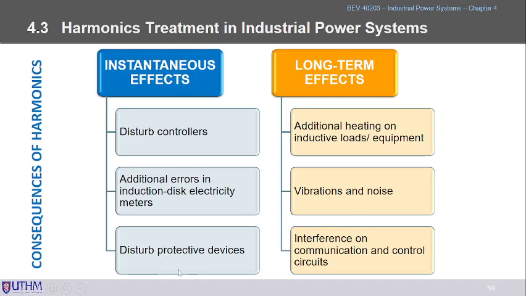So if we tune our overload protective devices at 15% extra, now we have 20% extra, so our protective devices will act very fast. It will respond very fast, saying that there is an over voltage, but by right it is not an over voltage, it is just a normal condition with the harmonic conditions.